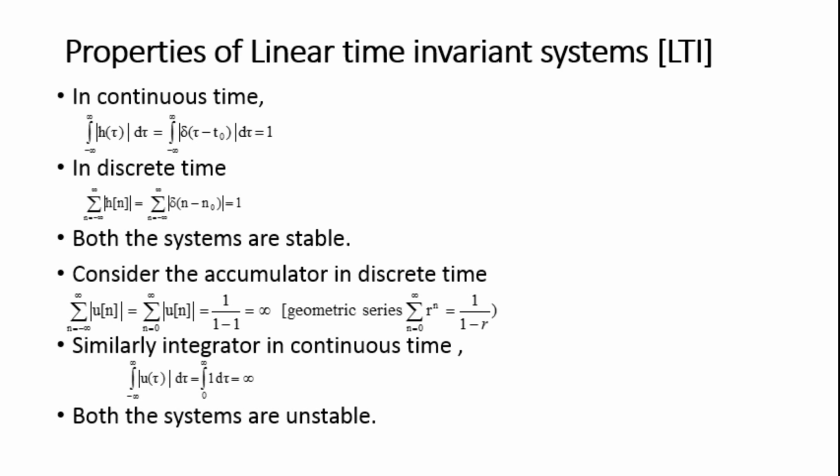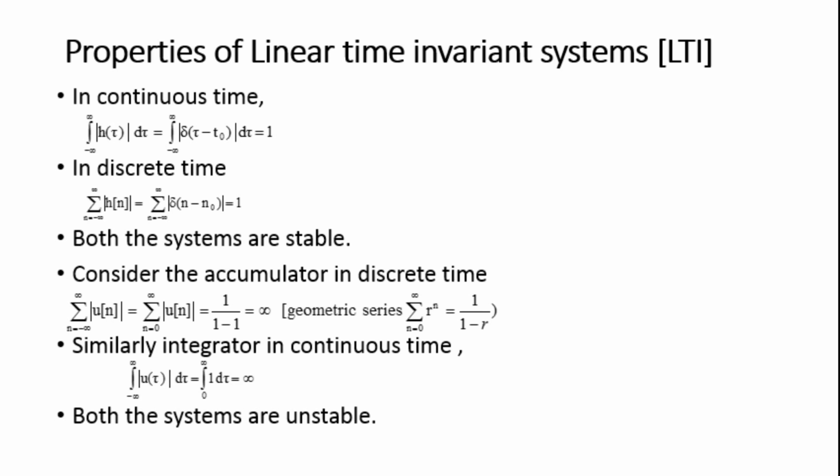In discrete time, the summation n equals minus infinity to infinity |h[n]| is equal to the summation of |delta[n minus n naught]|, which is equal to 1. Both the systems are stable.